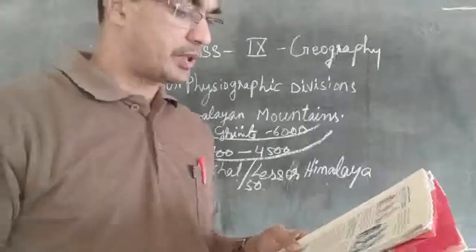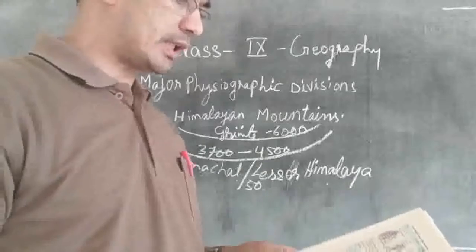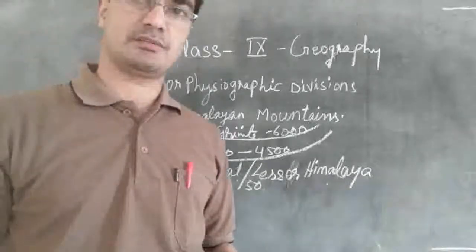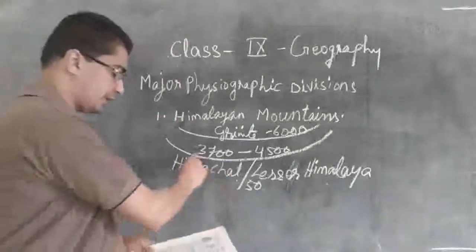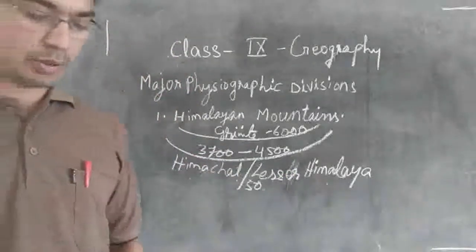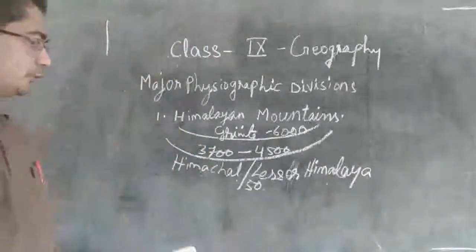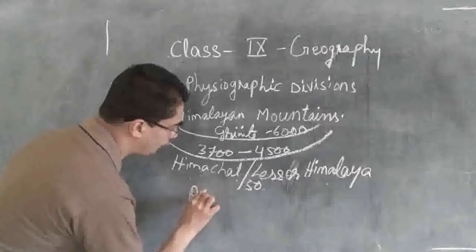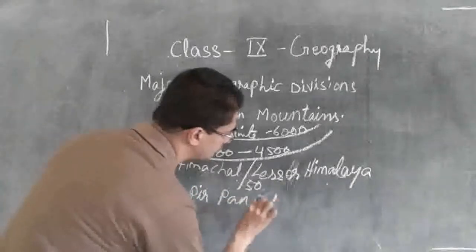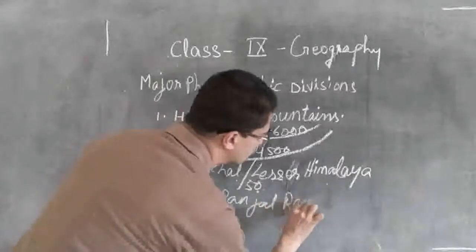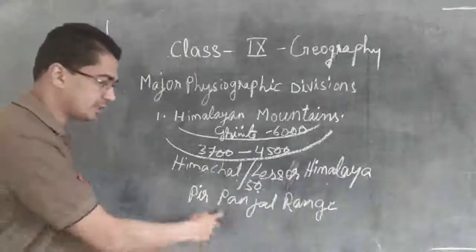And the Pir Panchal range forms the longest and the most important range. In this Lesser Himalaya range, the most important range is called the Pir Panchal range.